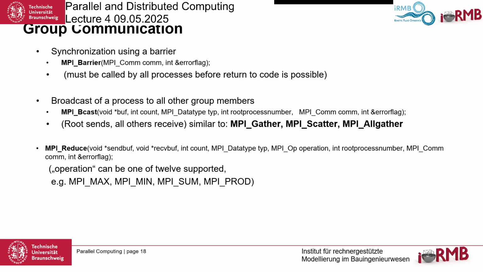Everybody is looking for a shortest path, and then they collect all their results back. Then you want to know the value of the shortest path. So you use this reduce with a minimum, and you get out the minimum number of what everybody discovered. Or you solve an integral in different parts. Then you would sum up the parts, and you would use MPI sum in this reduce function.